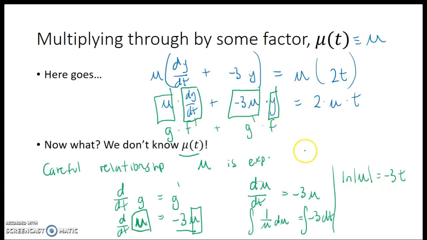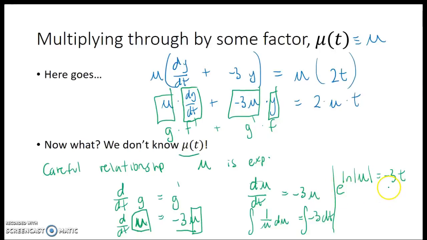Now I won't add a plus c on here because this is just something I'm multiplying through by. I could just say, you know what, I'm going to let c equal 0. It does not matter. It's just a factor that we're going to use to multiply through by. And when we integrate later on, that integration will result in getting our arbitrary constant that we need for the solution.